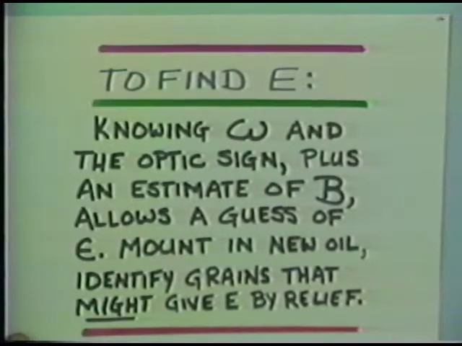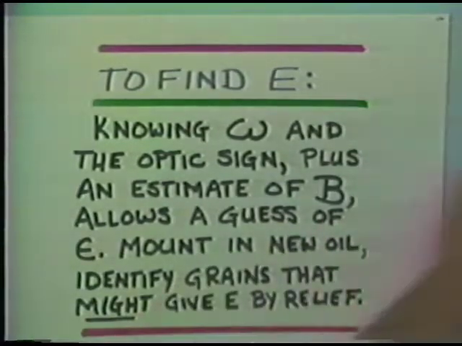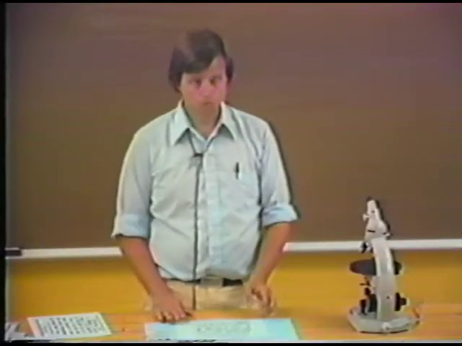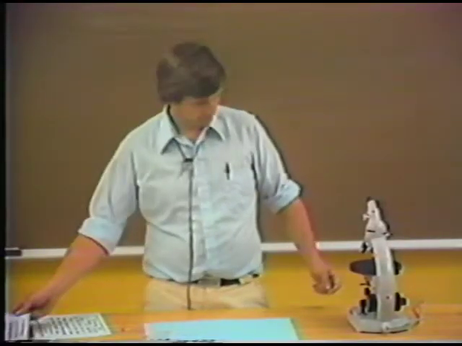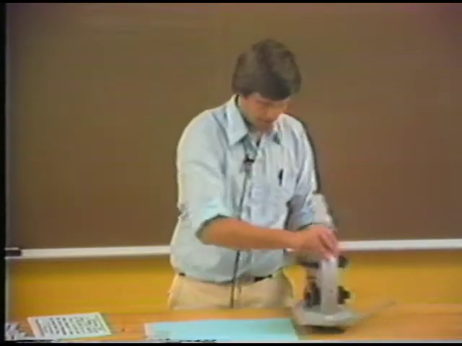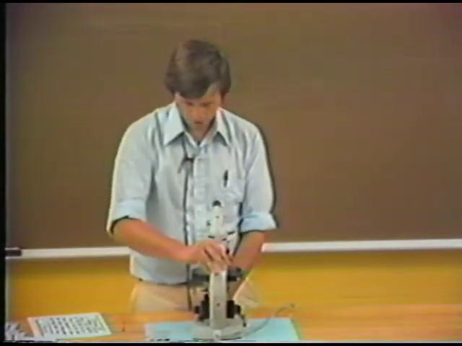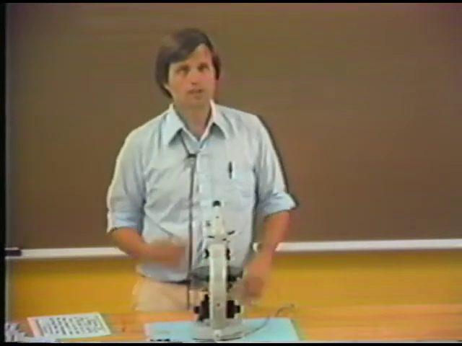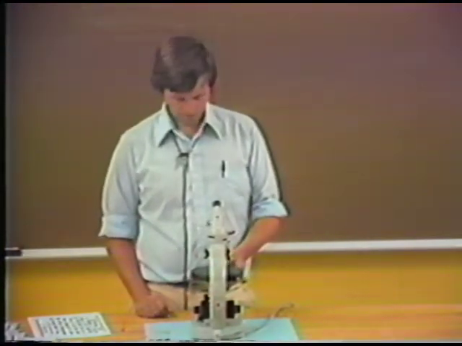This means that what we do is look for mineral grains that seem to have the lowest relief within our new mount. Now, for example, we'll make an immersion mount in our new oil, which we've selected, hopefully, to approximate the refractive index of epsilon. And we take a look at these particular grains.